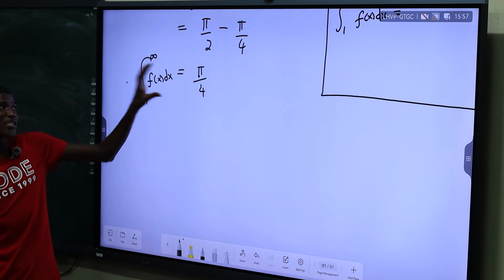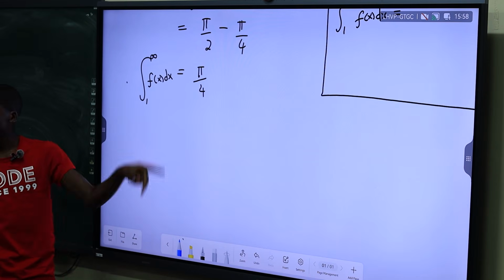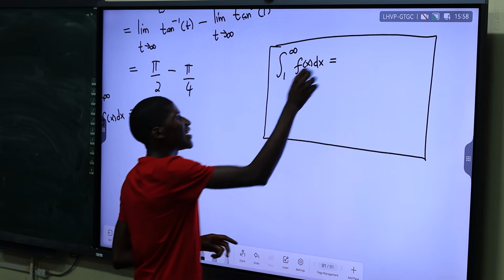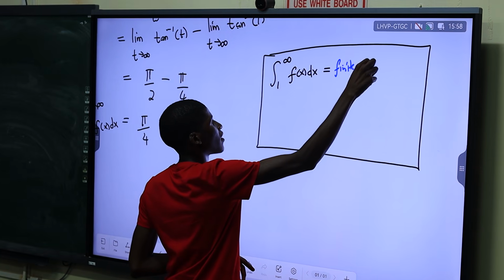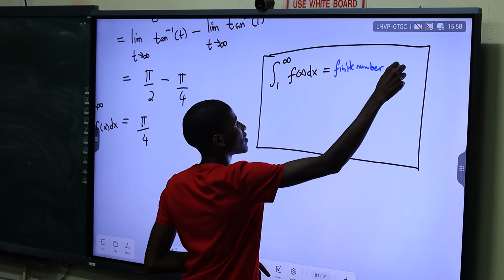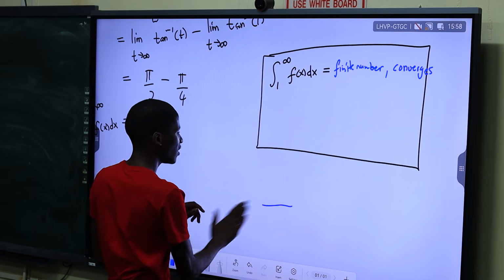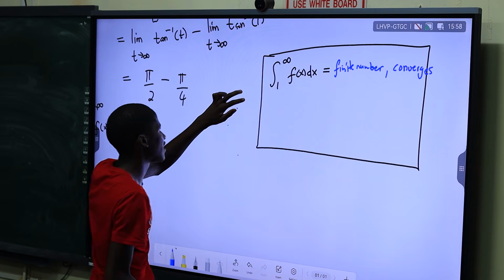If the integral is giving you a finite value, it means that the integral is what? Converging. If you get a finite number, no matter the finite value, it means that the integral converges. And if the integral converges, it means the sum is also going to converge.